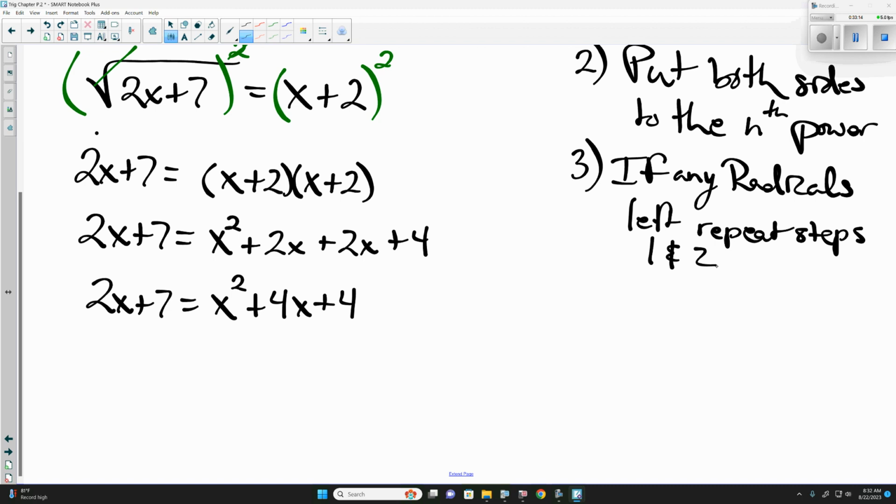Essentially, we do it again. And we keep trying to repeat this process, even amount, put both sides to a power, so that the radicals will eventually go away.